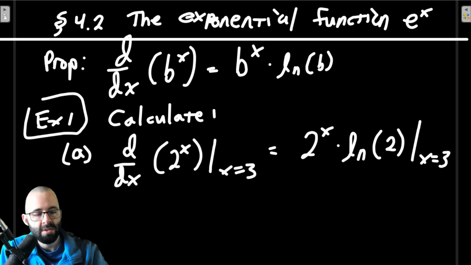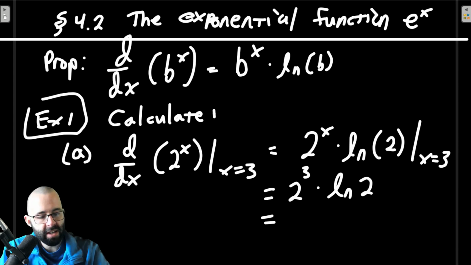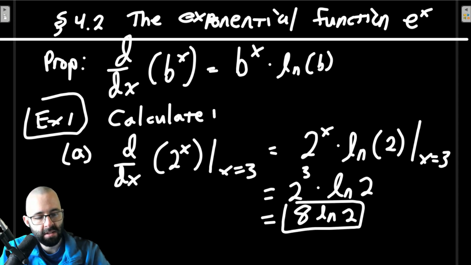Okay? So now that we've found the derivative, we can evaluate it when x is equal to 3 to get 2 cubed times the natural log of 2, which is 8 ln 2. And you can type this into a calculator and get an approximation, or you can leave this as a final answer.